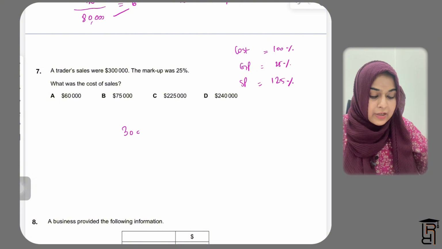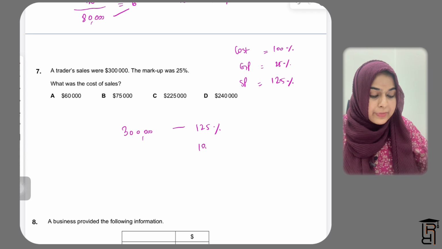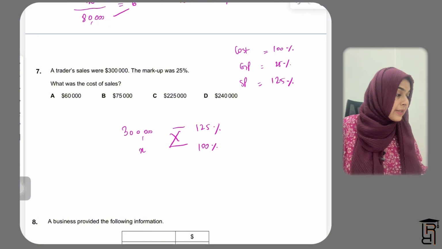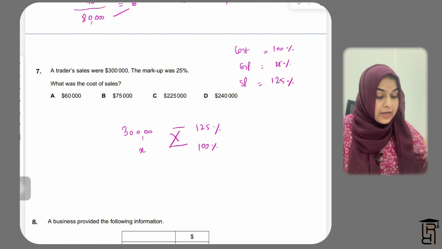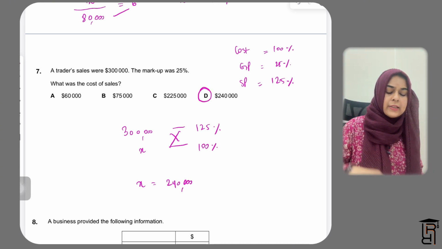So 300,000 is 125%, that is my revenue. What is 100% is directly going to tell me the cost of sales. When I cross multiply, the answer that I get for this question is X is equal to 240,000. Answer is D in this case.